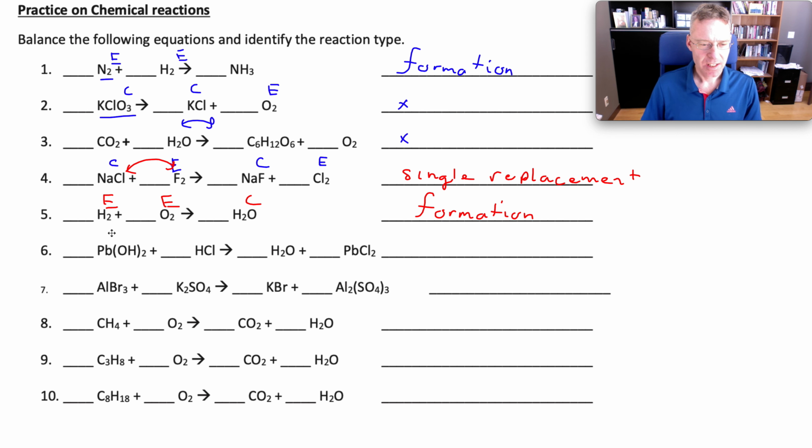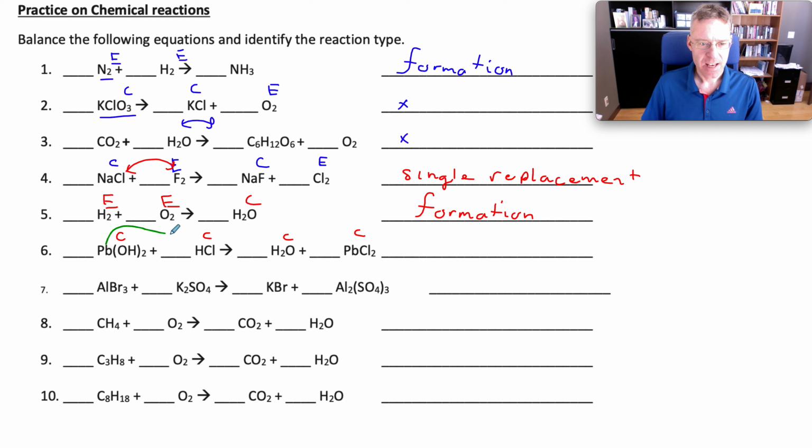Next, we have something a little bit more complex. It's definitely not element and element, so it's not formation. We have lead hydroxide, so that is a compound. It's ionic, doesn't really matter. We have another compound, HCl. Compound and a compound is making a compound and a compound. So we have a switch here, kind of like we had in the single replacement.